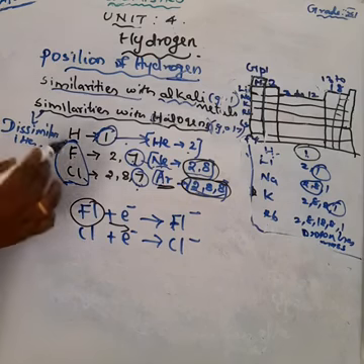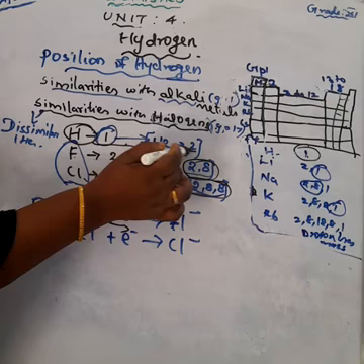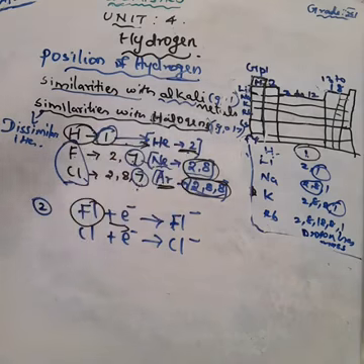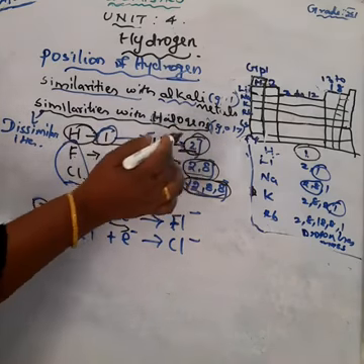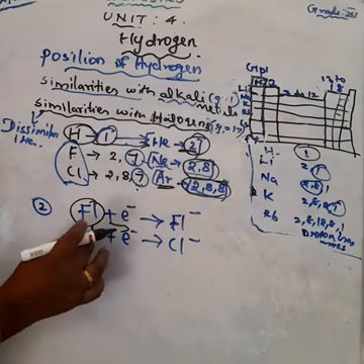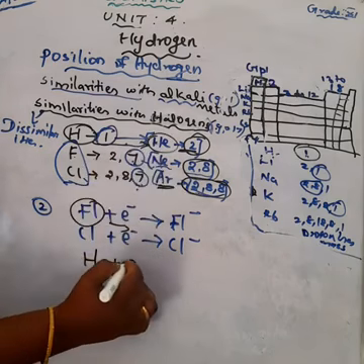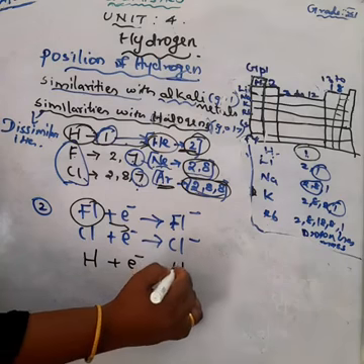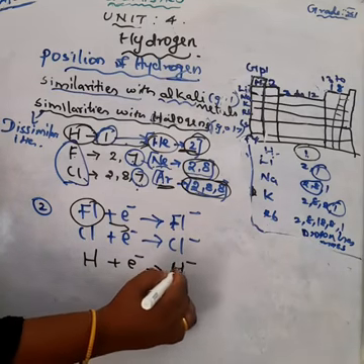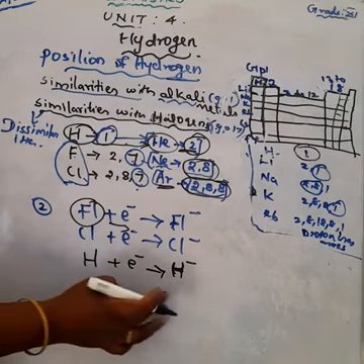Like all the halogens, hydrogen also tries to get one electron to form the complete doublet configuration, that is, it tries to attain the helium configuration. Understood? So hydrogen gains one electron to form hydride ions, like halogens.